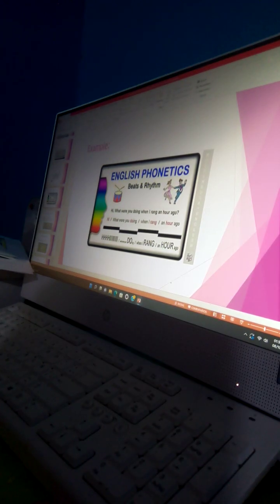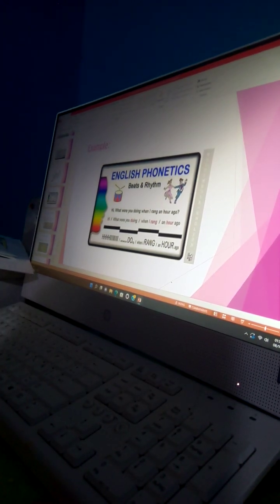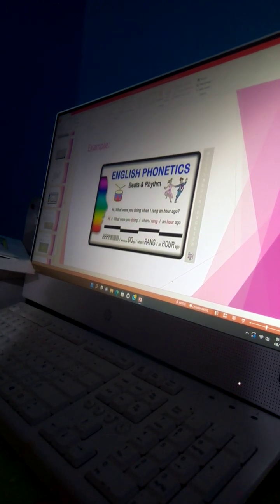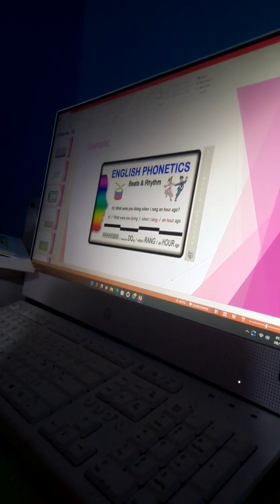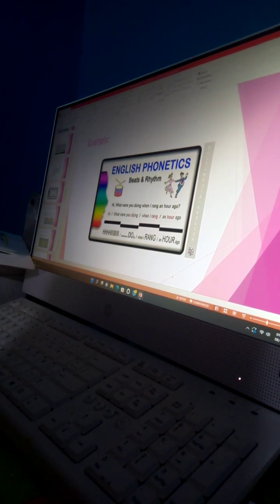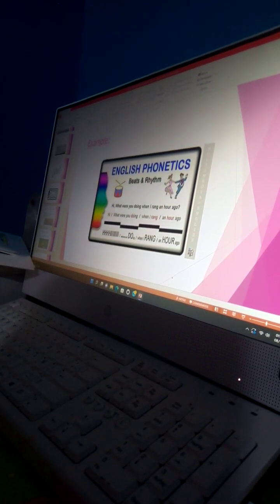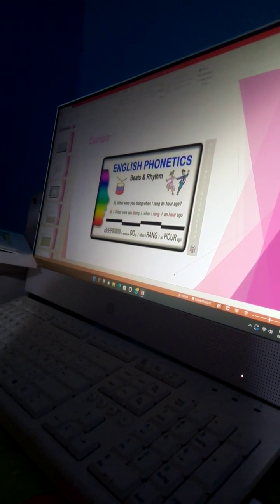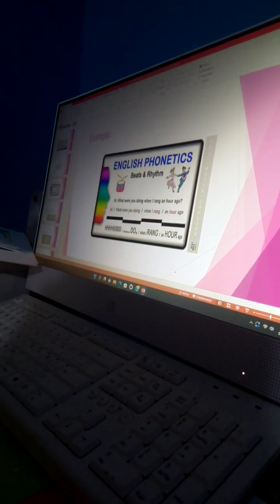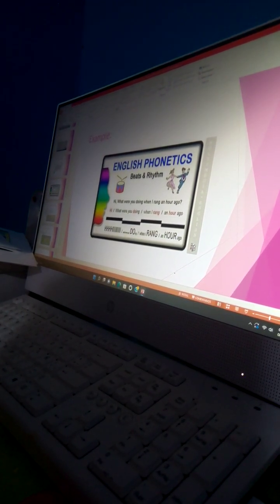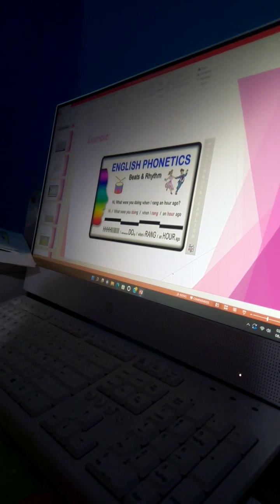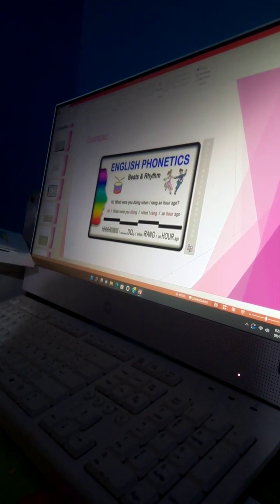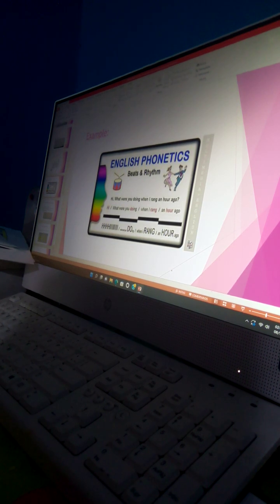Okay. I'm going to read the sentence and you are going to see the emphasized words. "Hi, what were you doing when I rang an hour ago?" Okay, it is a question that a person is saying to another person. Let's say person 1 and person 2. Person 1 asks person 2, "Hi, what were you doing when I rang an hour ago?"